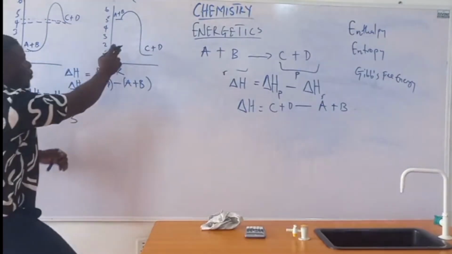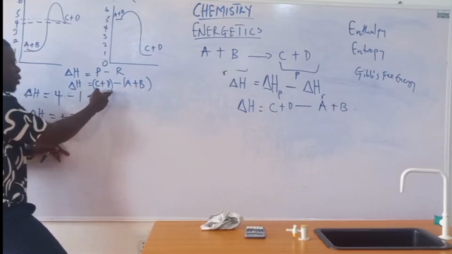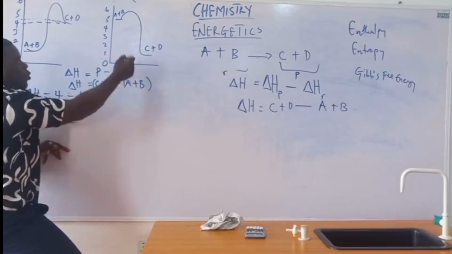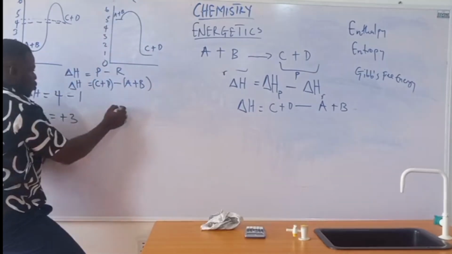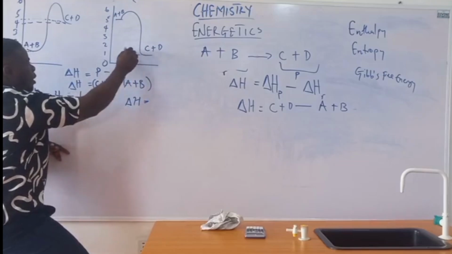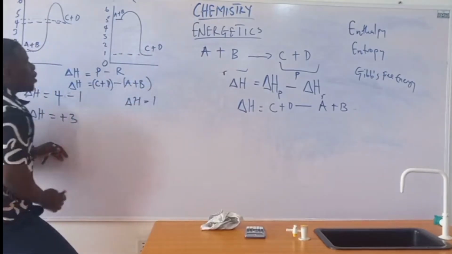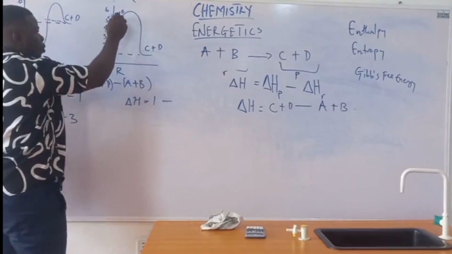Now let's calculate for the second diagram. We know that delta H is C plus D minus A plus B, right? So let's start with C plus D. We trace it to be 1. What about A plus B? We trace it to be 5.